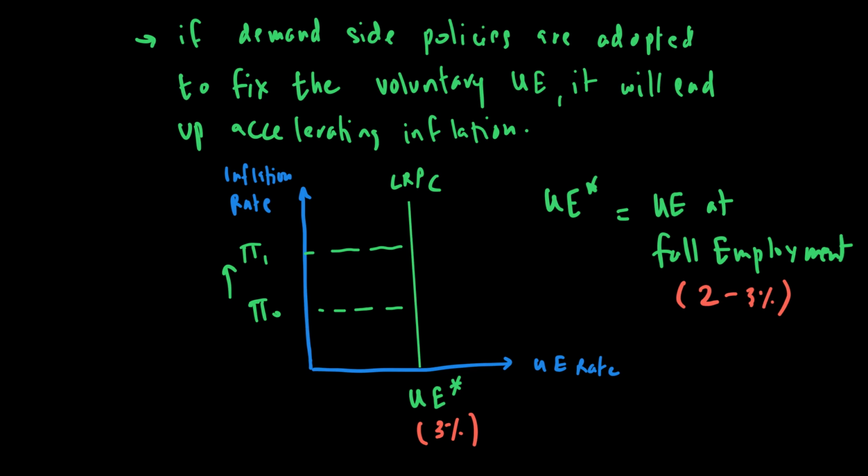Now, if the government is unhappy with this 3% unemployment and they're like, you know what, let's reduce this, and they do what we call a demand side policy, and let's say we are at point A. So, according to the monetarists, you may end up basically at this point B in the long run because of what we call a rise in inflation rate due to a wrong policy.